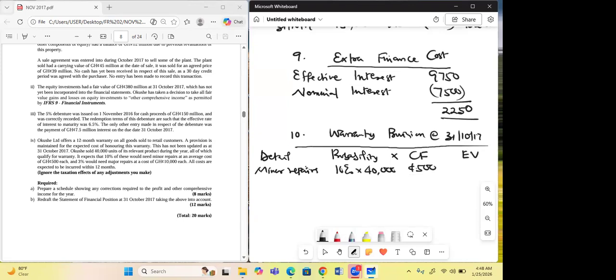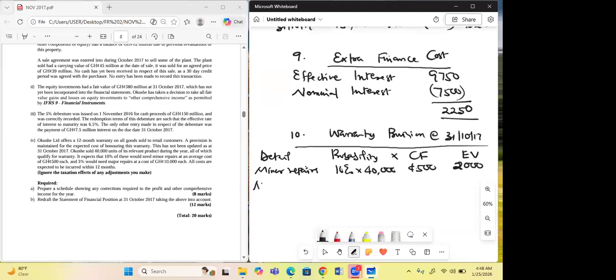So calculate 10% of 40,000. That is 4,000. Multiply by 500, that will give you 2 million. Since we are working in thousands, I'll take 1,000 off and write 2,000.